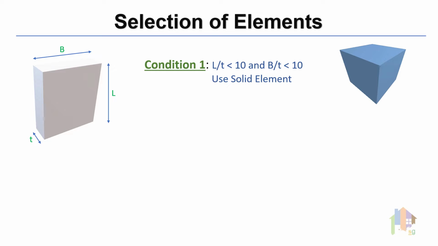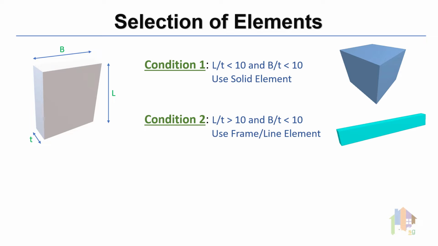If L by T is greater than 10 but B by T is smaller than 10, meaning it has a large dimension in one direction and close dimensions in the other two directions, then you can model it using frame members.